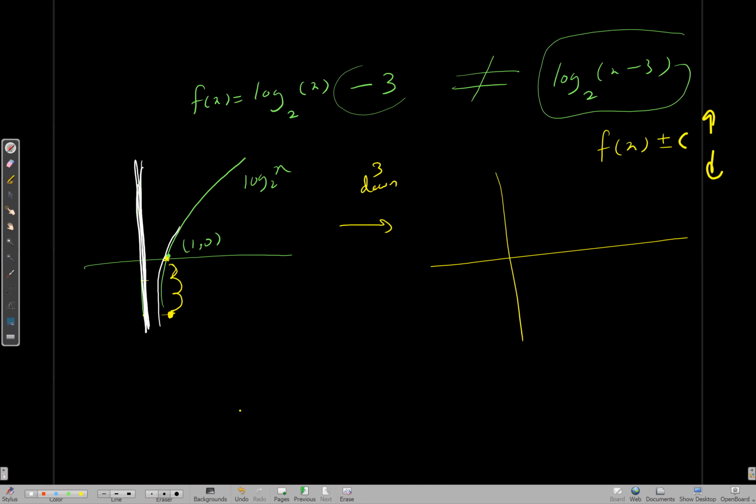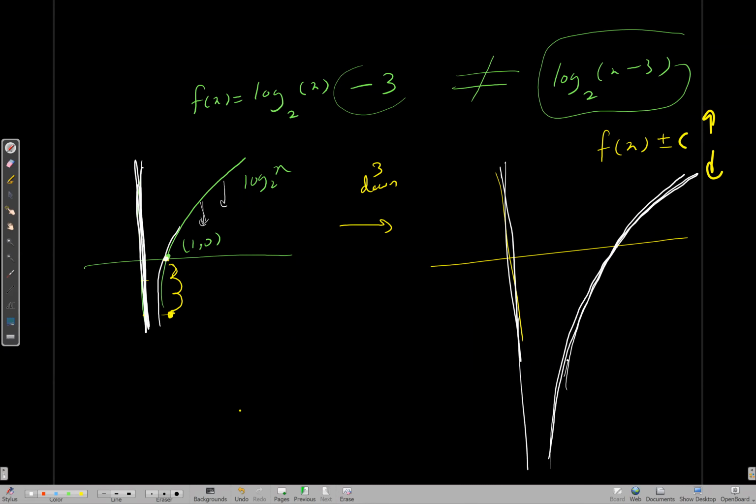What is going to be the new vertical asymptote? Still the same, right? Because you are just dragging it down. So the new vertical asymptote does not change. It's that. But when you drag this down, the x-intercept is going to be somewhere here, right? Imagine when you drag this guy down slowly, it's going to be like that.